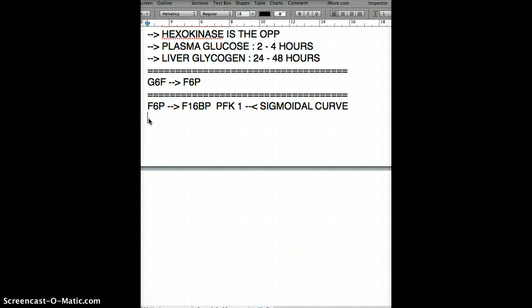So when we have fructose 1,6-bisphosphate building up in the body, from fructose 1,6-bisphosphate we are also getting fructose 2,6-bisphosphate, and that is achieved by the enzyme PFK2. Okay, that is achieved by PFK2.